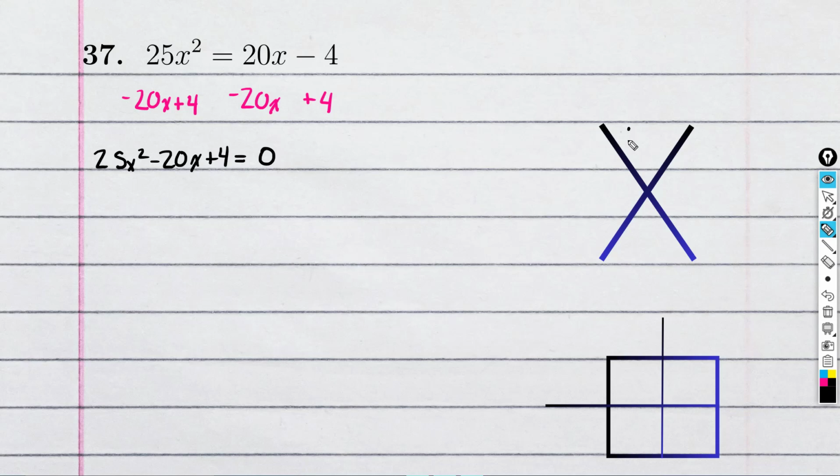So the product goes up at the top, 100x squared. The negative 20 comes down here. So what can multiply to give me 100 that would add to give me a negative 20? Well, the two factors that come to mind are negative 10x and negative 10x.